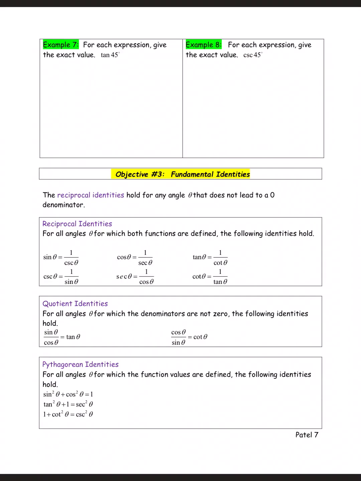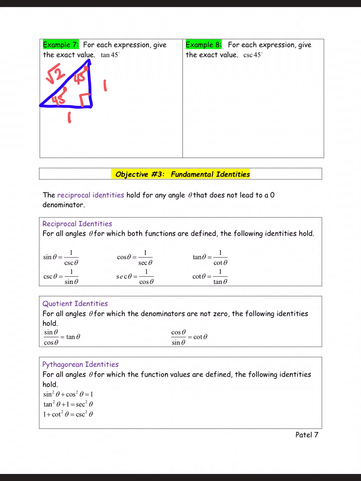Example 7, we're going to find the exact value of tan of 45. So this time I'm drawing the 45, 45, 90 triangle. So remember, the length opposite to both of the 45-degree angles is 1. And opposite to our right angle is square root of 2. The length of the hypotenuse is square root of 2. And here we have tangent.